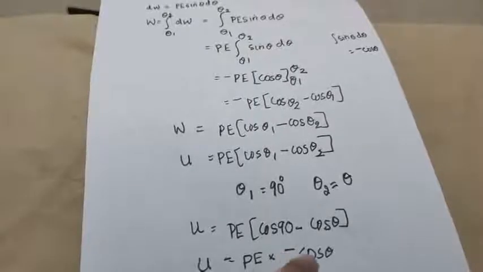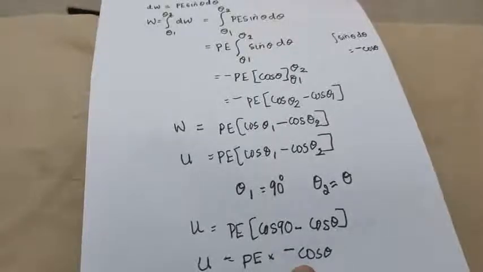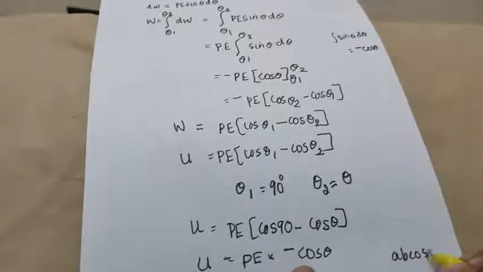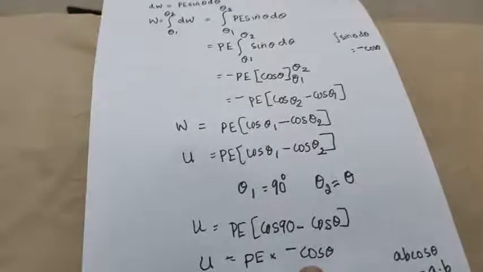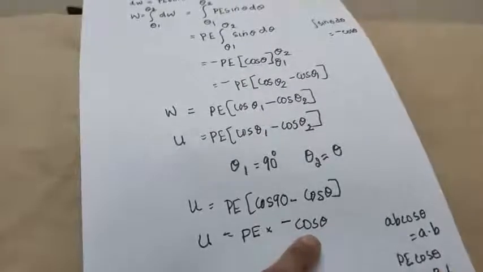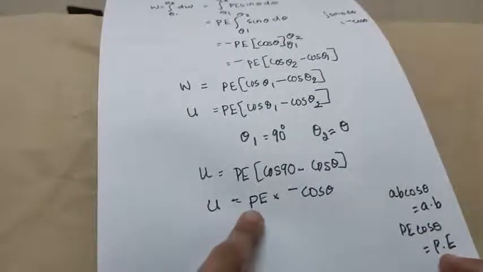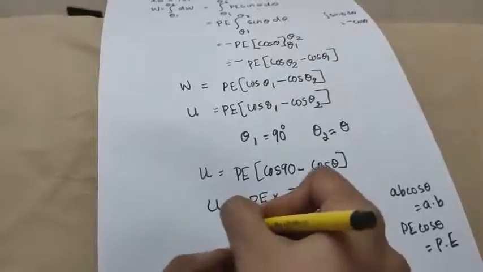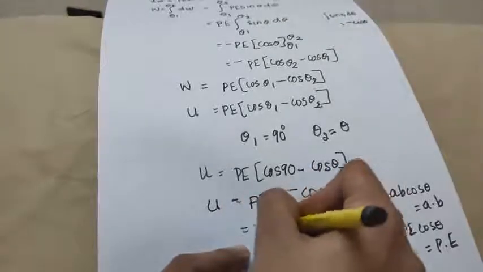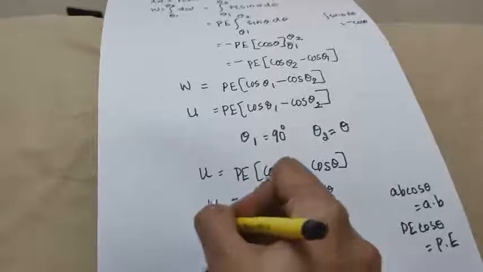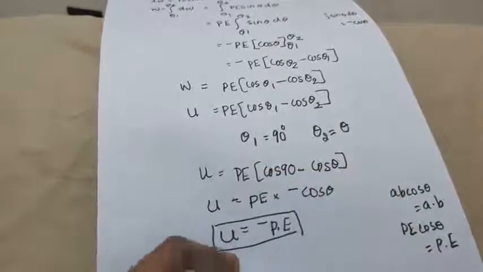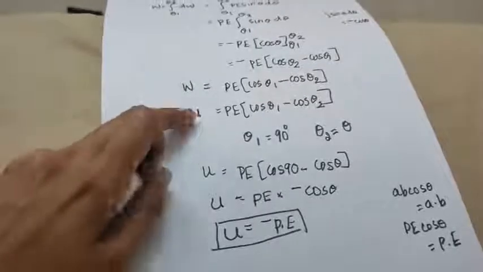And what is PE cos theta? AB cos theta is equal to A dot B, so PE cos theta is equal to P dot E. So this can be written as minus P dot E. Minus P dot E is the potential energy. So these are the two equations for potential energy.